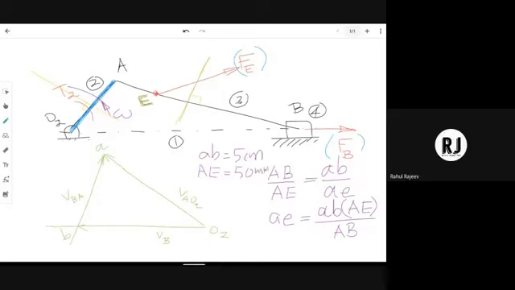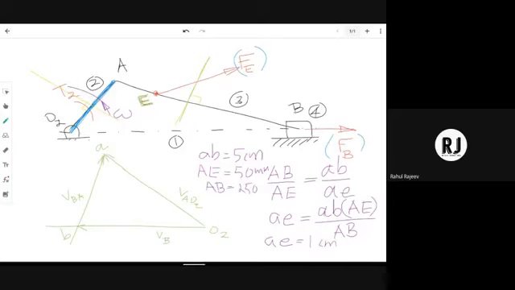The unit is not a problem here. Then what is capital AB, the length of AB? 250 mm. So now substitute these values and find out small ae. What is the value of small ae? Small ae is 5 into 50 divided by 250, which is 1 centimeter.